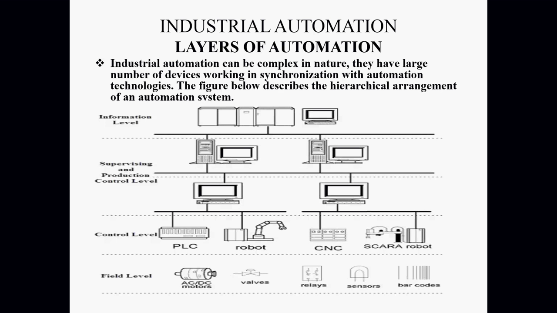Then comes the information level. Now your information level is your server area, where you're going to have your servers which are going to archive this data. Nowadays, a lot of people are opting for this information layer level because there is lots of data coming in from several different systems that may belong to several different manufacturers or OEMs.